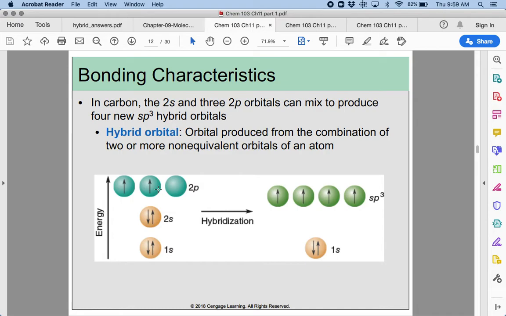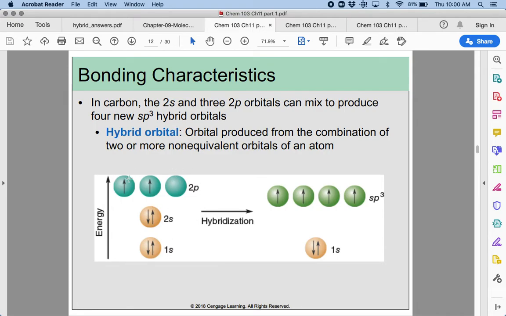The number of protons and electrons in a neutral carbon atom is 6, right? So we know that the valence shell electrons are the ones in the outermost layer. In that case, this would be the n equals 2 layer. So we have a total of 1, 2, 3, 4 valence shell electrons. Does everybody agree with that? So we need 4 more valence shell electrons to make our octet.